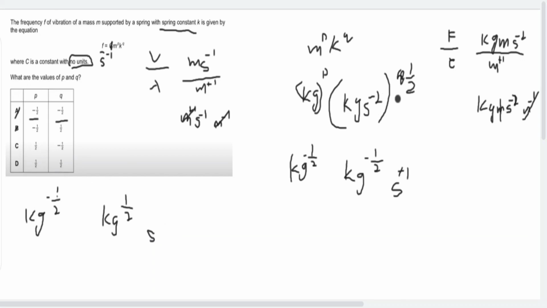So negative 2 times 1 by 2 gives me negative 1. Now I have kg negative 1 by 2 and kg 1 by 2. This does cancel each other out because negative 1 by 2 plus 1 by 2 gives me 0. And I'm left with s negative 1. So these two are similar, therefore B is the correct answer.